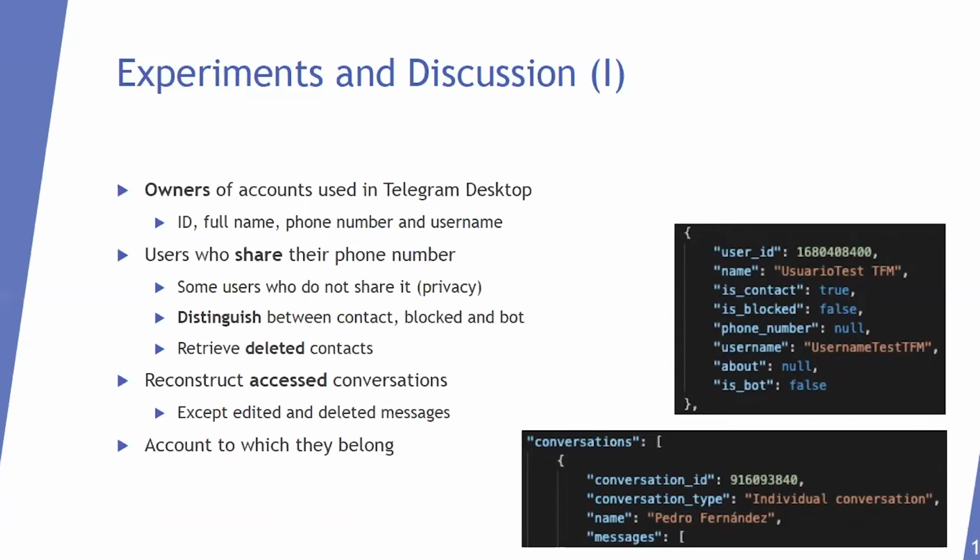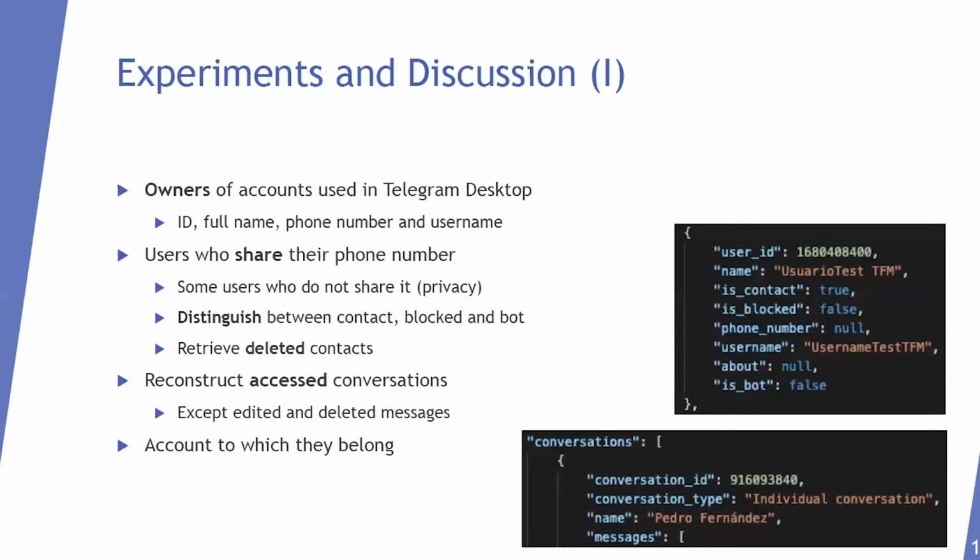In this slide and in the next one, we show several extracts of the JSON reports generated by the IAM Artifact Finder tool. From top to bottom, the first image in this slide shows the data that we can retrieve for a particular user. We can retrieve users who share their phone number with the account owner, and some users who don't share it.